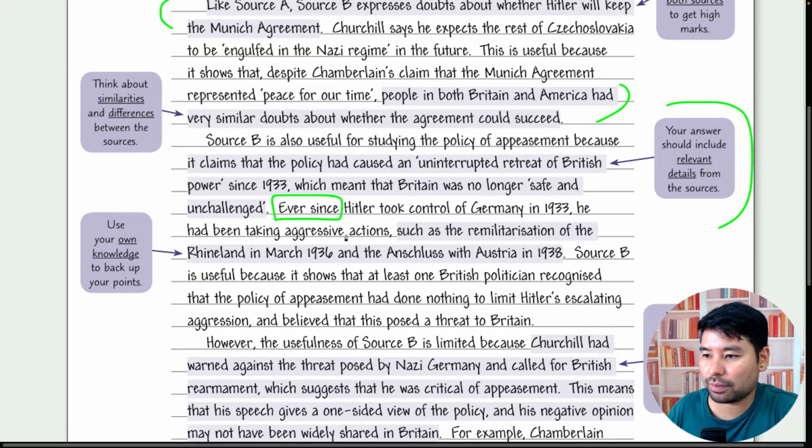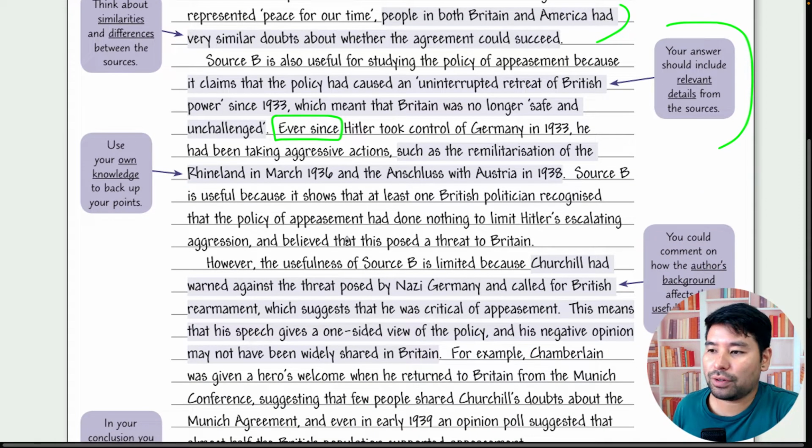All right? So ever since Hitler took control of Germany in 1933, he had been taking aggressive actions, such as, for example, yeah, very similar words, such as, for example, the remilitarization of the Rhineland in March 1936, and the Anschluss with Austria in 1938.